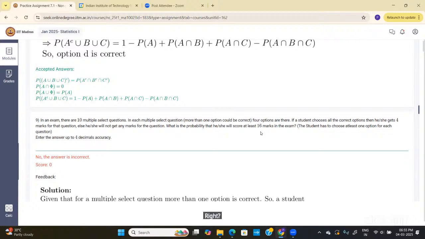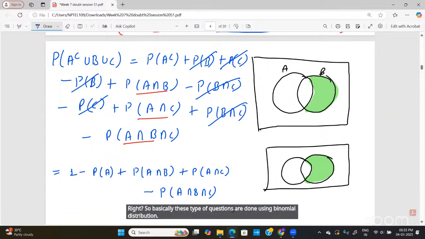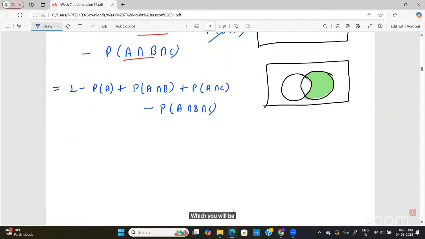So basically, these types of questions are done using binomial distribution, which you will be studying in further weeks.